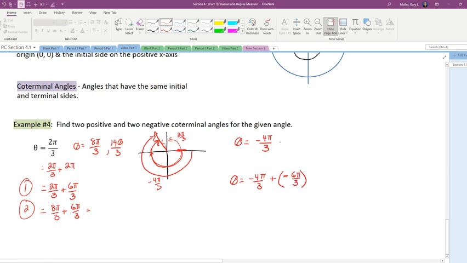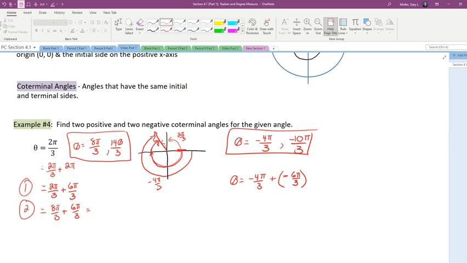So that would give another angle of negative 10 pi over 3. If I want another one, I could just wrap it around again, add another negative 6 pi over 3.